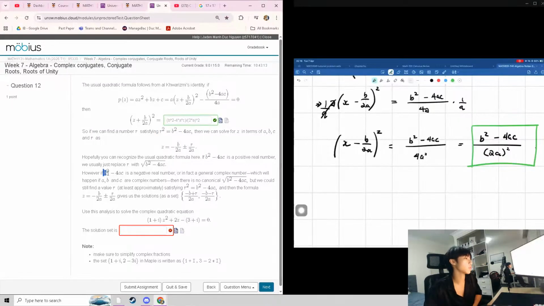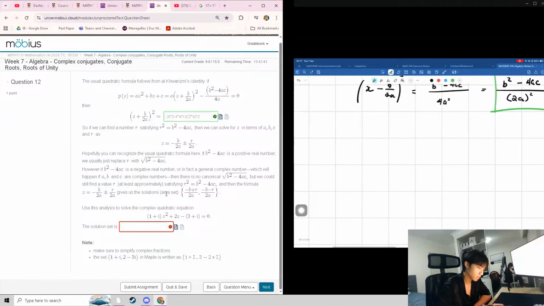However, if b squared minus 4ac is a negative real number, in fact, a general complex number, which will happen if a, b, and c are complex numbers, then there is no canonical root, but we could find a value r satisfying that. And the formula gives us the solution. So z is equal to the roots and then that.